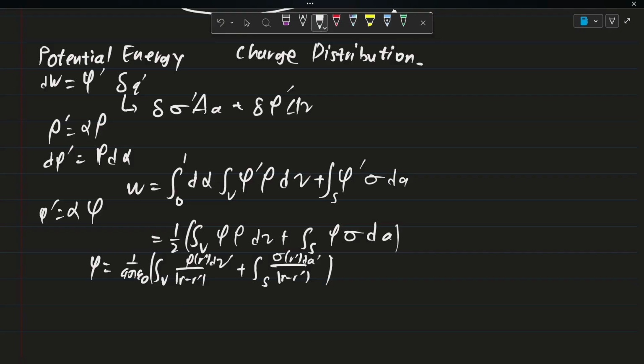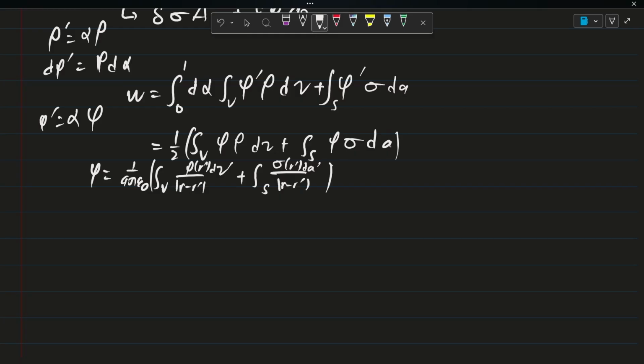And you could actually try to consider if, let's say, you have a conductor within your system. For a conductor, the rho is 0, but there could be sigma, and the phi is constant. So the potential energy here, the U, would be half times the integral over the surface of phi times sigma dA, or this is just half q phi.